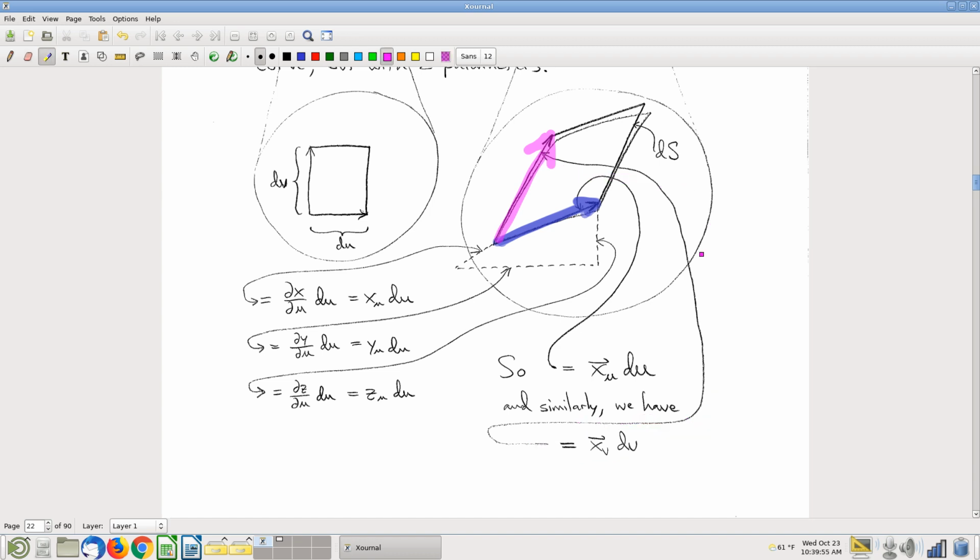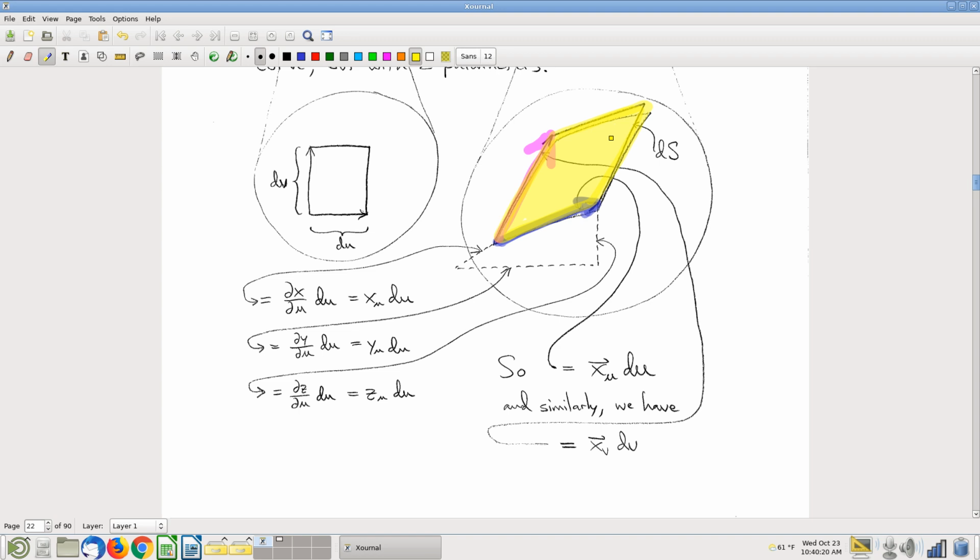We know these 2 vectors at this point. Keep in mind, my goal is to understand this area, this area of this parallelogram. I want to understand the area of that parallelogram because that's how I'm approximating the area of the little piece of surface that's sitting right underneath it. How do we compute the area of a parallelogram? Right?